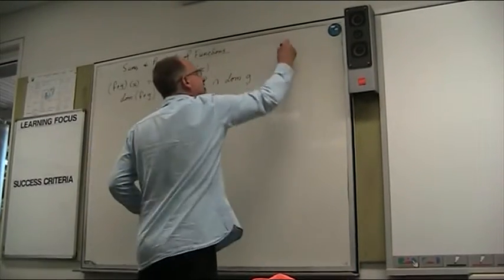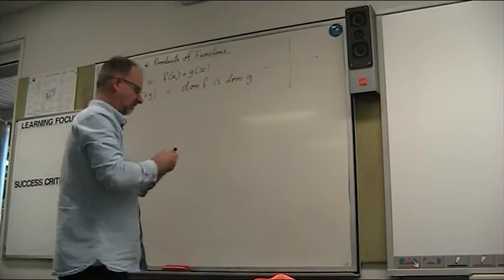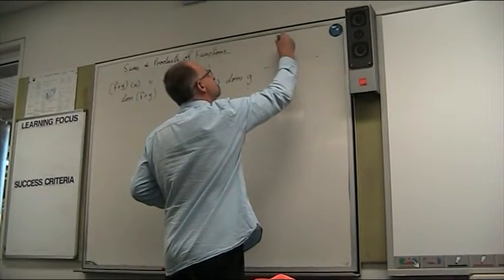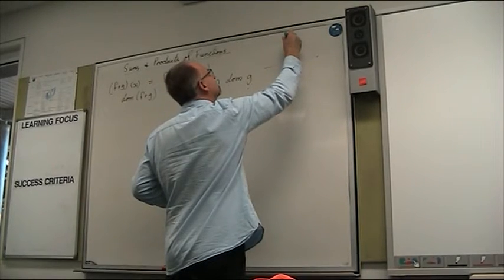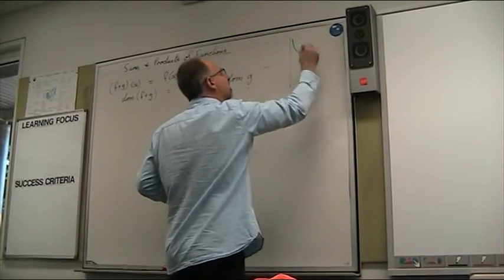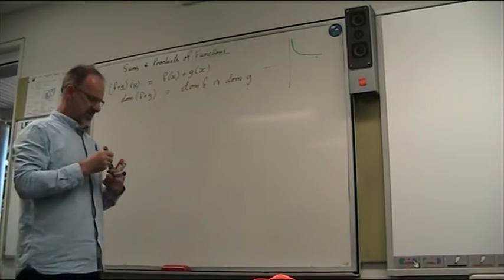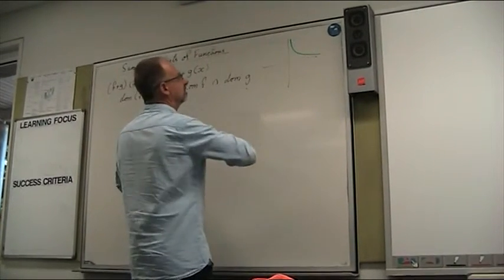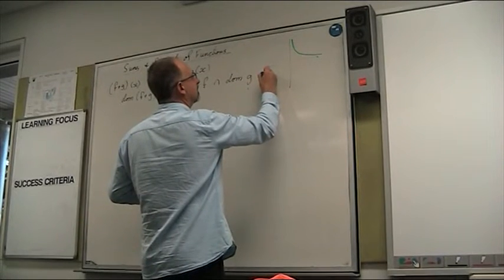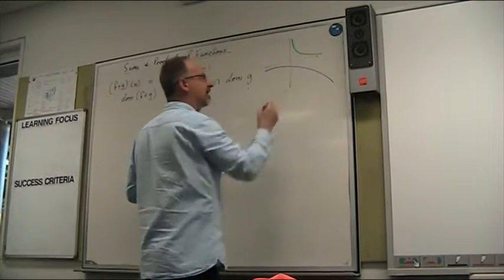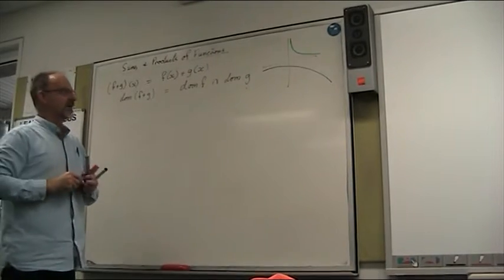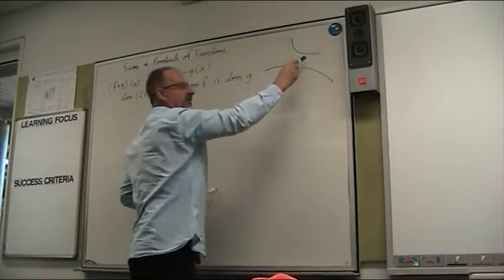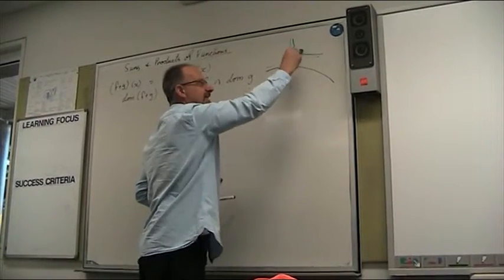Alright, so I have one that looks like that, and I have another one that looks like that, then I can only add these two things together where I've got two lots to add together.